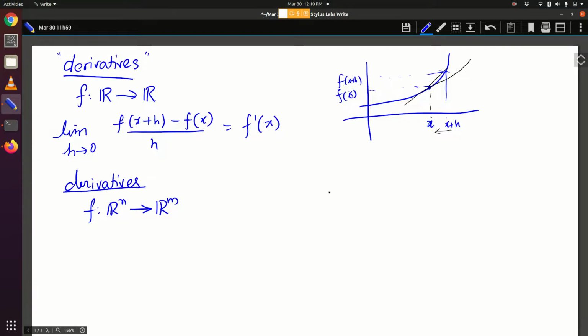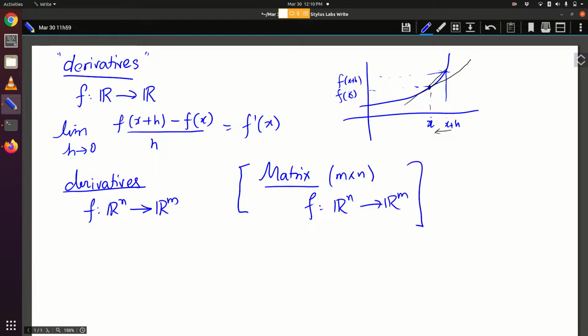A matrix is correct. Does everybody understand that a matrix of dimension m cross n is a function from R^n to R^m? I have discussed this in the class, I suppose, but is there somebody who doesn't understand this?